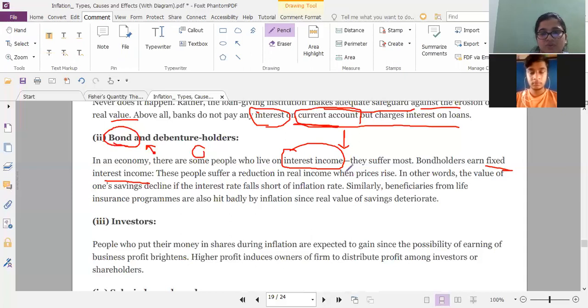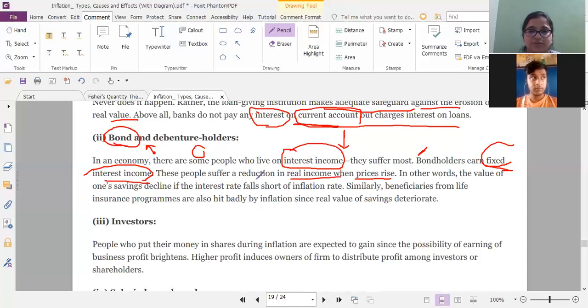So, what does it say? It says that bondholders earn fixed interest. In bonds they give a fixed interest rate, right? These people suffer a reduction in real income when prices rise. So if the interest rate is fixed, and if prices rise, if there's a problem of inflation, then the real income will decrease, right?